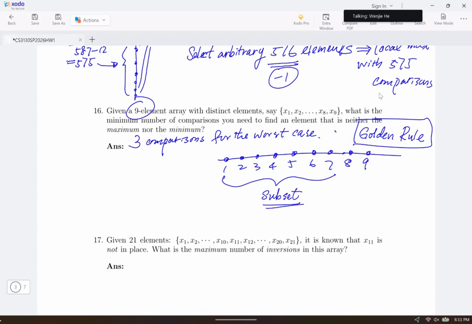Suppose, because the subset has smaller size, it should be easier than the original problem. Think about it.